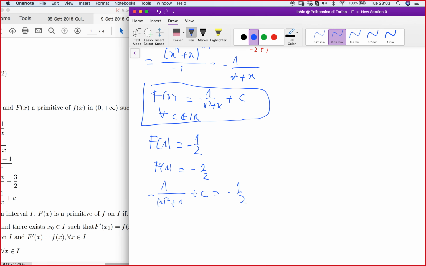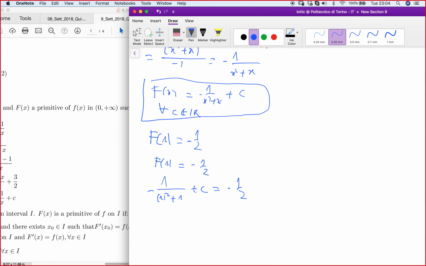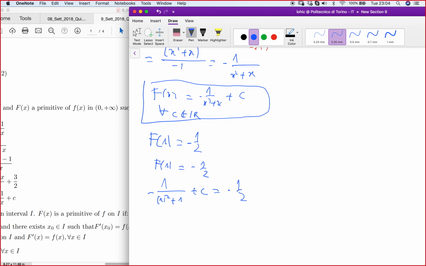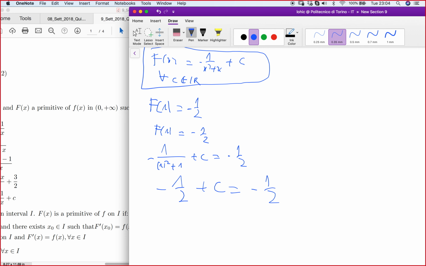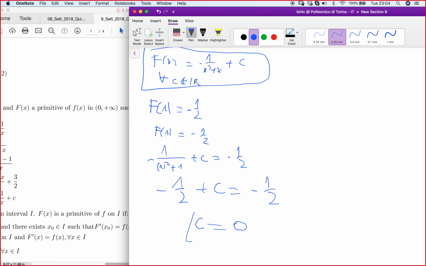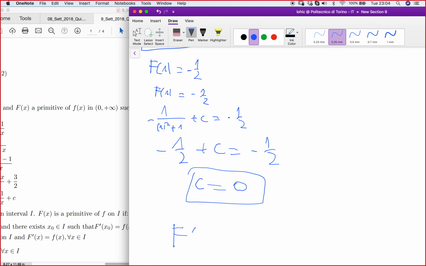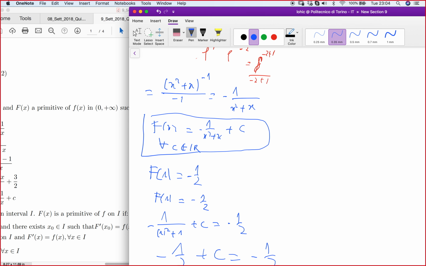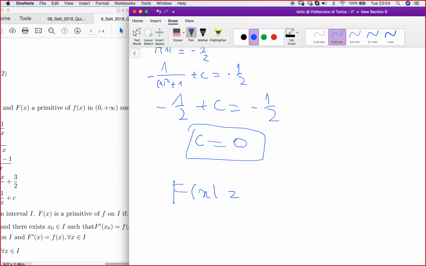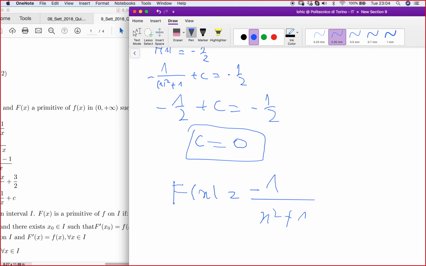This is F of x, doubts? Now it gives you minus 1 half plus c equal to minus 1 half. So c is equal to 0. And if c is equal to 0, I finally get that the primitive that I want is the one with c equal to 0. So it is then minus 1 over x squared plus x.